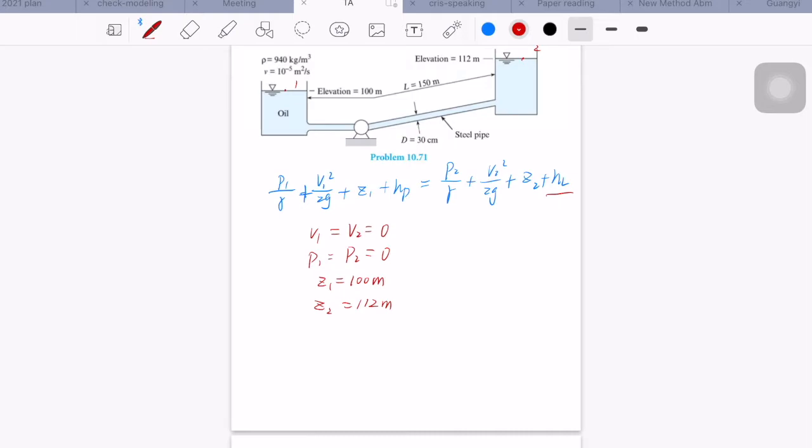The minor head loss includes the head loss for the pipe entrance and the head loss for the expansion.